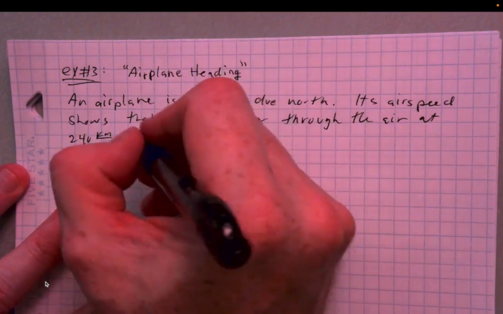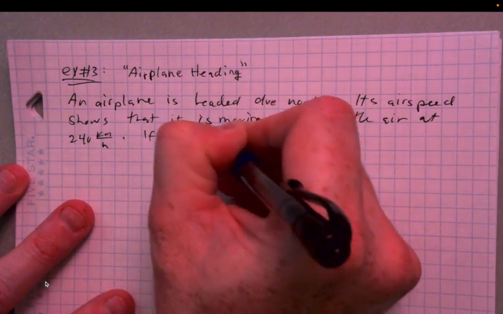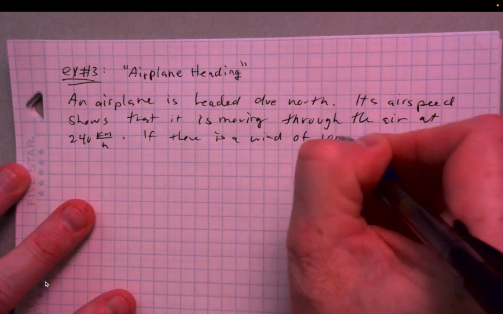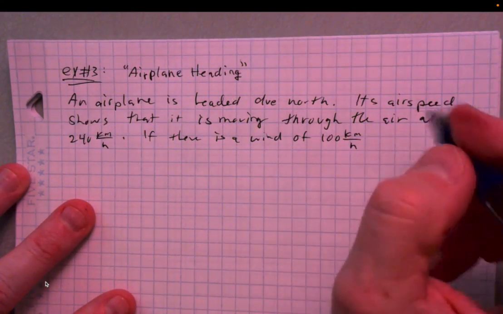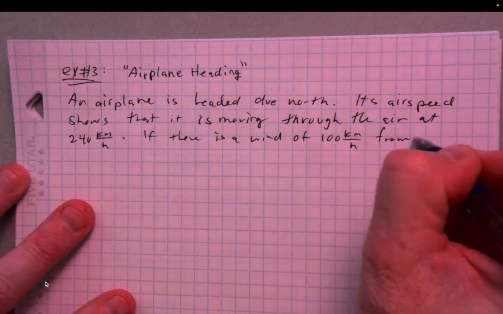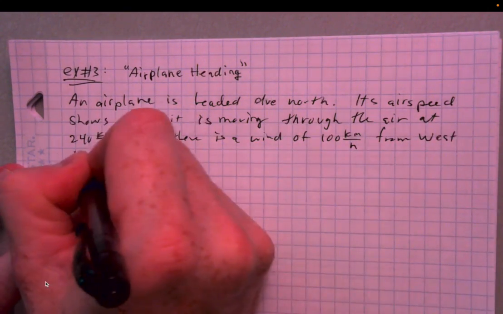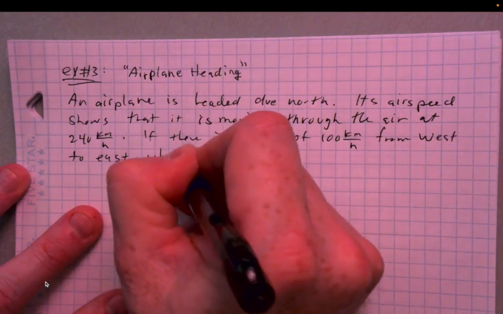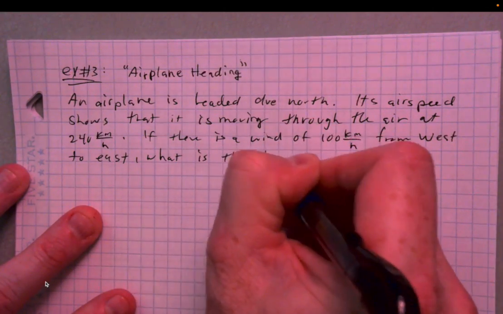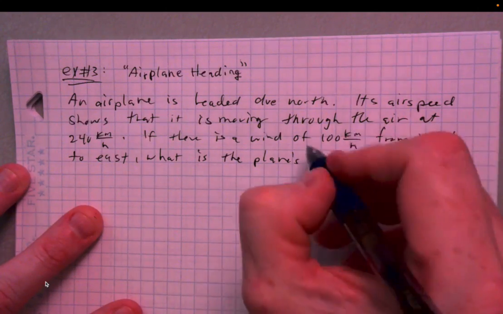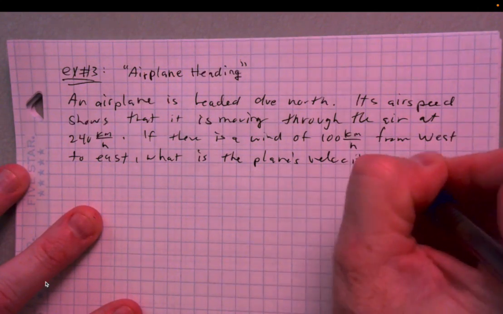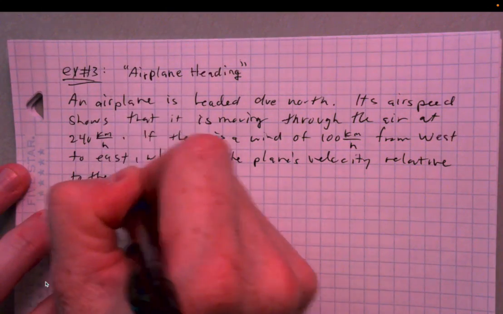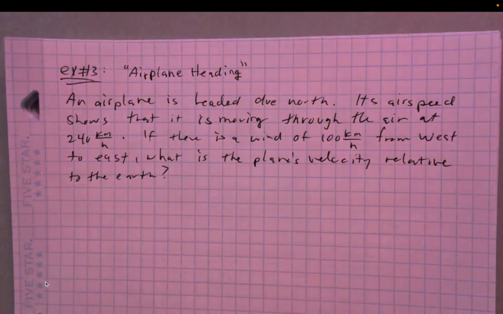Now, if there's a wind of 100 kilometers per hour from west to east, what is the plane's velocity relative to the Earth? What is the plane's velocity relative to the Earth?